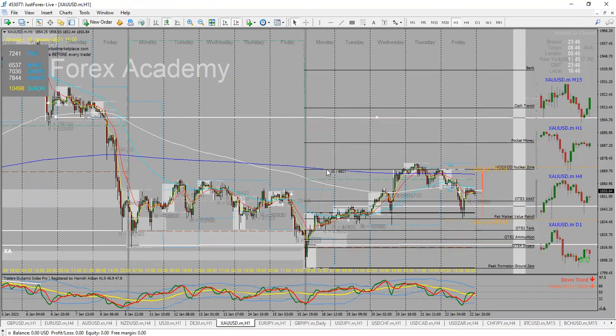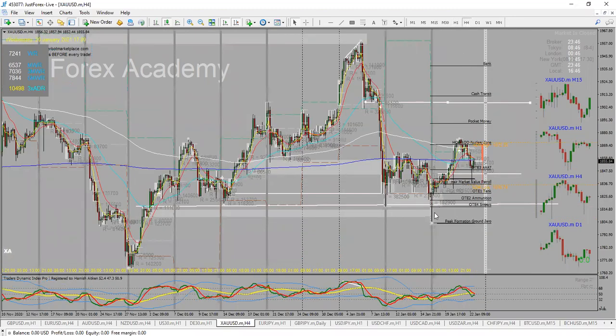Here I put my Fibonacci. Then I'll be expecting the market to come to test this point. Remember, guys, I said I'll be looking for the market to test 50% of this candle. Now I want to use this rectangle as my this one.